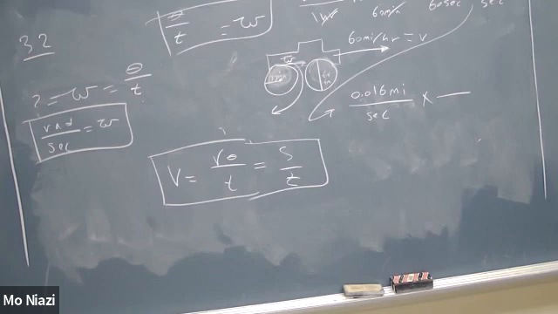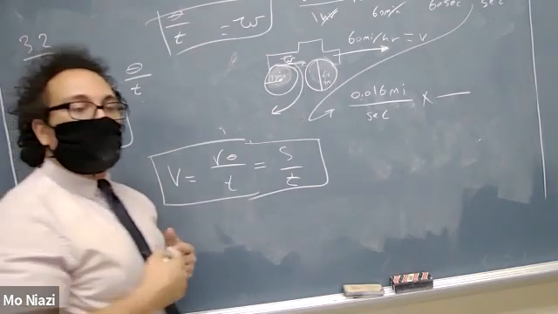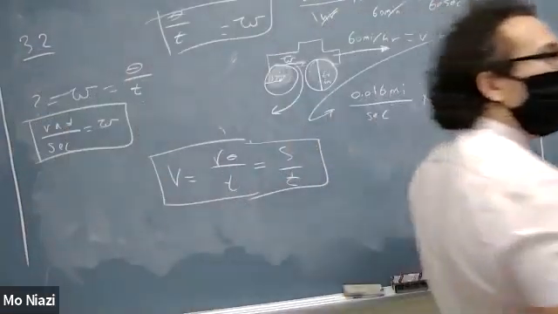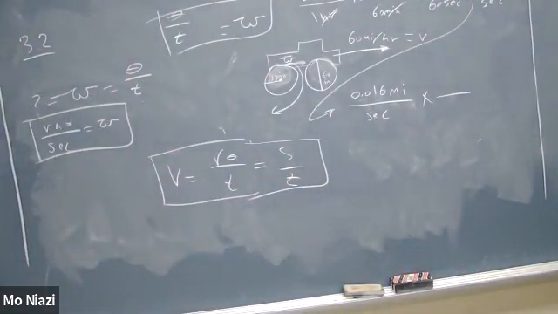Oh, hint. The only way a car can move forward is if the tires do what? Rotate. Yes. So what is happening when it rotates? It has to go through some what? Yes.